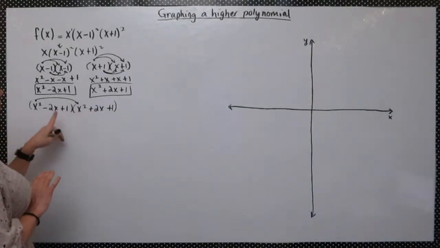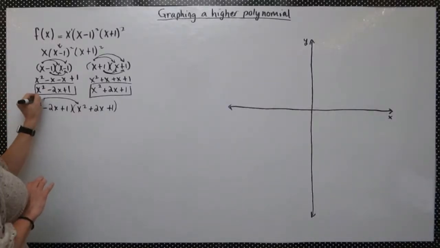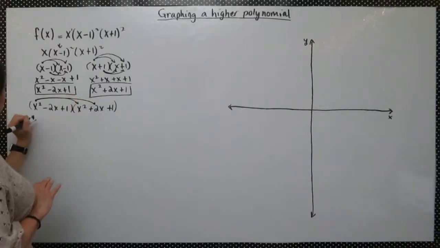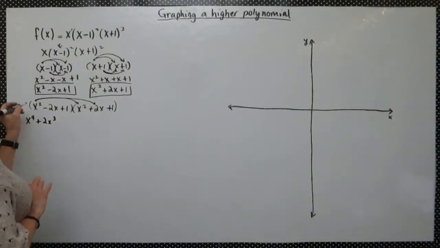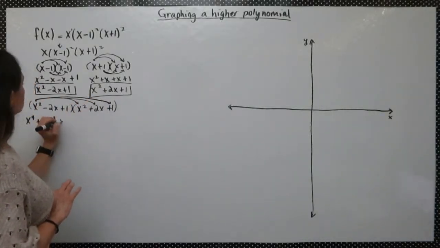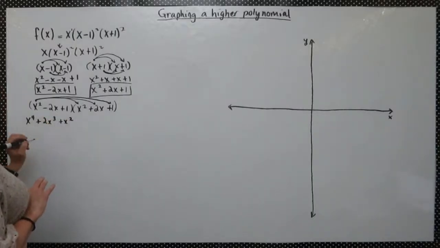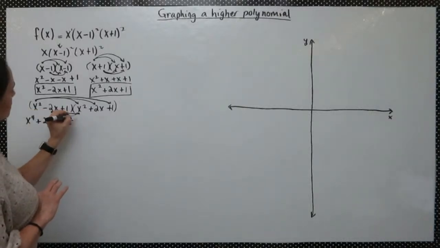So x squared times x squared is x to the 4th. And then x squared times 2x is plus 2x cubed. And then x squared times positive 1 is just plus x squared. And then I'm going to move on to the next term, negative 2x, and multiply it here first.